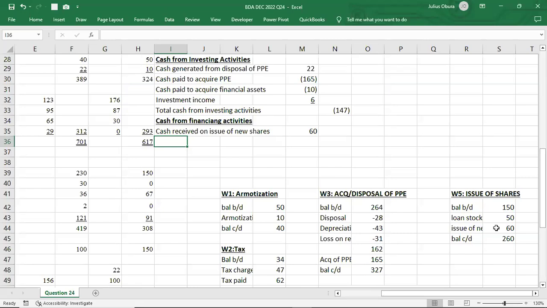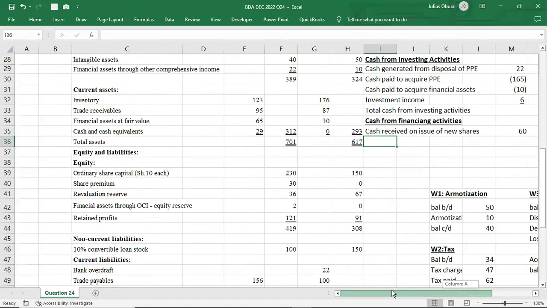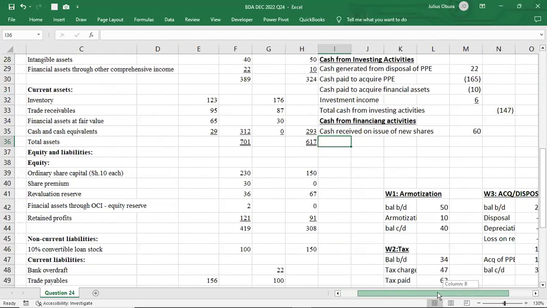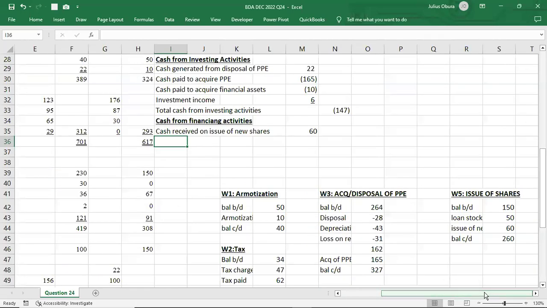Number two, we look at dividends. Was there a dividend payment during the period? That is what we are supposed to look at. So for dividends, again, we also do another working.